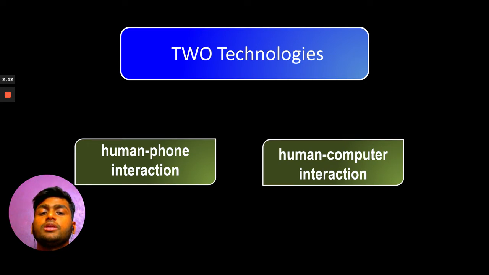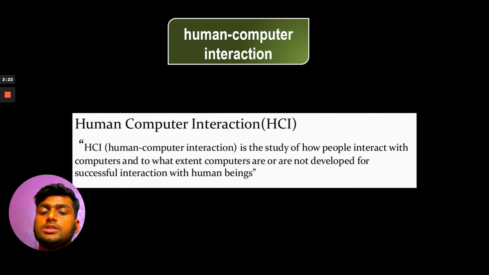So basically, we can use two technologies: human phone interaction, namely HPI, and human computer interaction, namely HCI. Human computer interaction, as the word suggests, is a study of how people interact with computers and to what extent computers are or are not developed for the successful interaction with human beings. So it basically sums it up. We have to set up the ideal computer with ideal situation and environment for this to work.